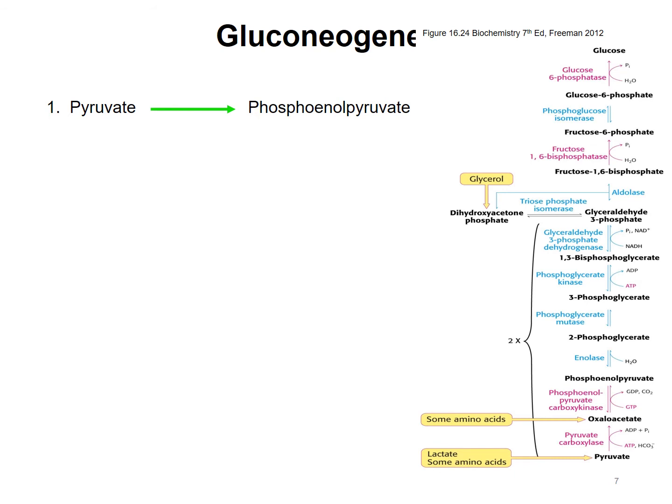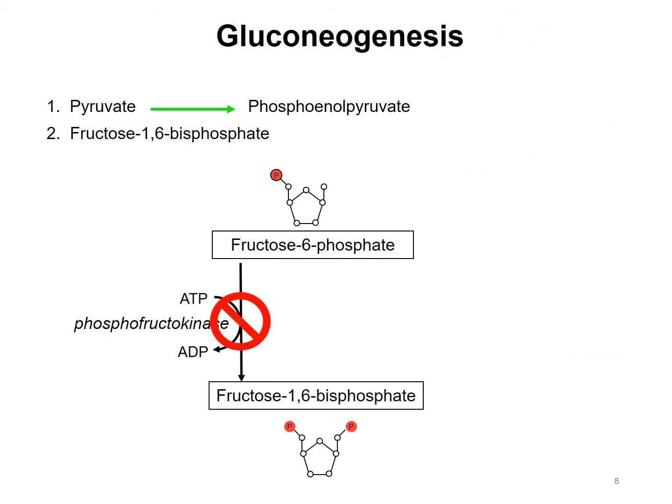And once we get into PEP, all these reactions can be easily reversed because they have a very low delta G values until fructose 1,6-bisphosphate. To proceed further, we will need to release one phosphate group from carbon number 1 so that we can produce fructose 6-phosphate. As mentioned just now, it is impossible to have the reverse reaction because the delta G will be too positive.